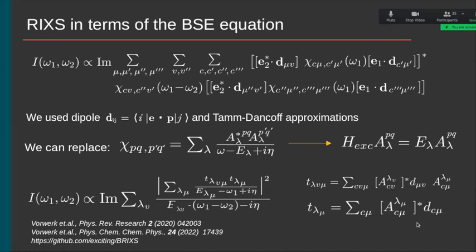This is quite similar to what we calculate when we do X-ray absorption. And on the other hand, you have these other objects that will describe, let's say, the excitation pathways, because they connect dipole matrix elements that go from valence to core with eigenvectors of calculations that are from core to conduction and from valence to conduction.